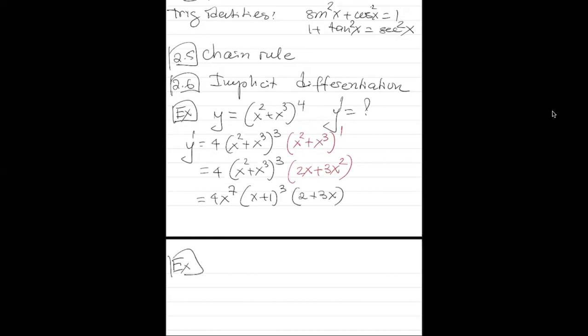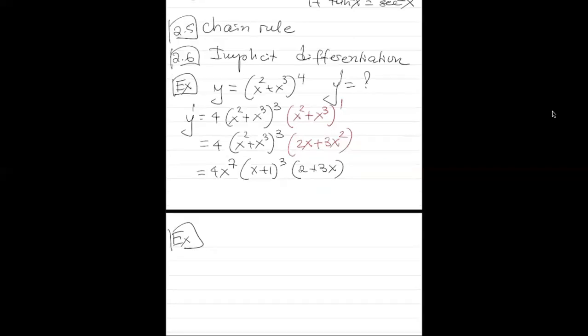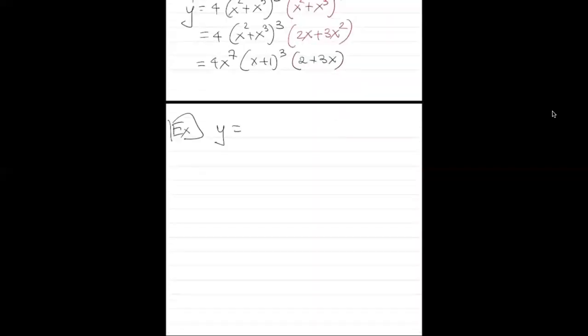Another example with the chain rule now. Y equals sine of tangent of (1 plus x to the third). Y prime. The outside function is sine, derivative of sine is cosine of all that.